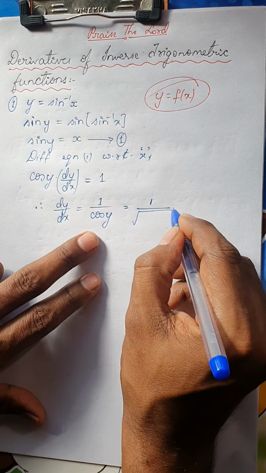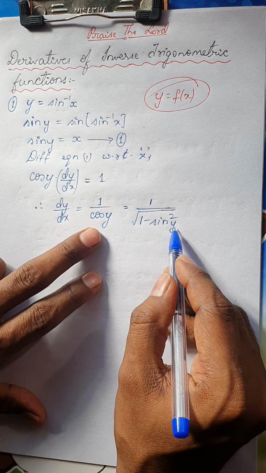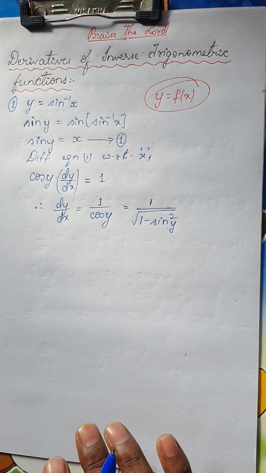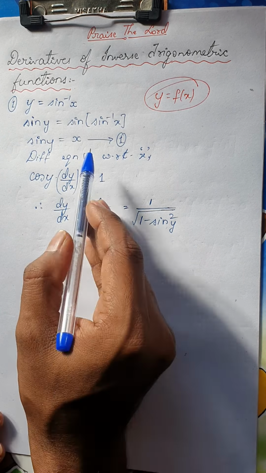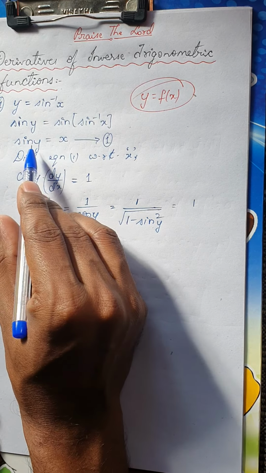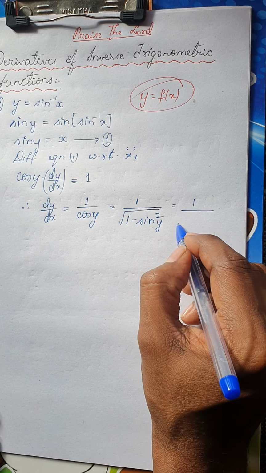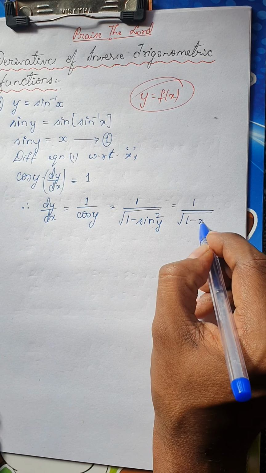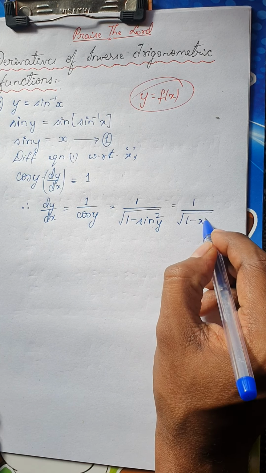Remember, here the variable is y. There it was theta, but here it is y. Now from equation 1, what is sin y? We all know from equation 1, sin y is x. So I will get 1 divided by root of 1 minus x square.